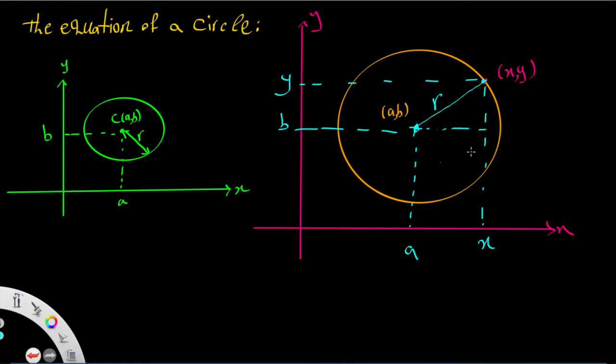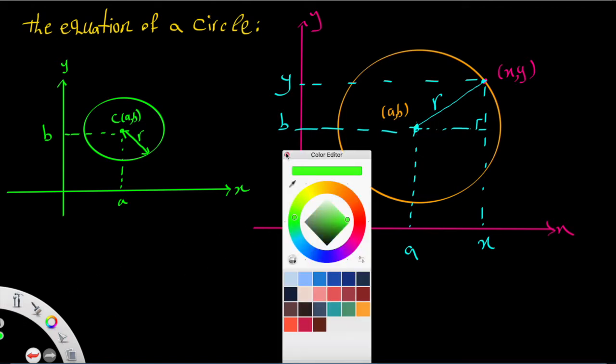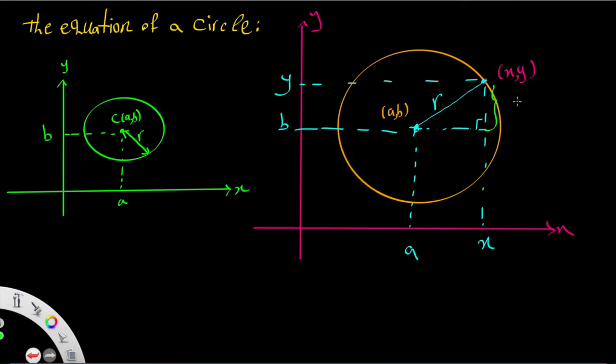Now here we know that the y-axis and x-axis together make a 90-degree angle at this point. Now we have a right angle triangle. It is y minus b, and this side is x minus a. Now I implement the Pythagoras theorem.